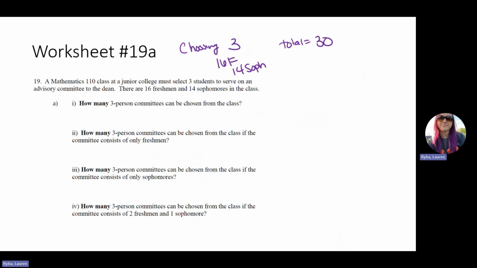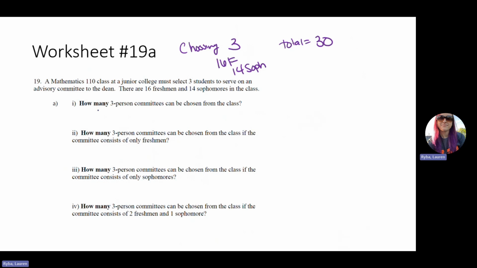We know we have to choose 3. They're going to ask us some different questions about that. And guess what? The first one is, how many ways can I just choose 3 from the class? Okay, no specifics other than they just have to come from this class.